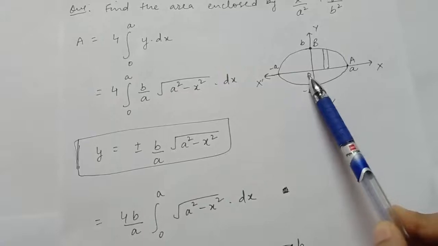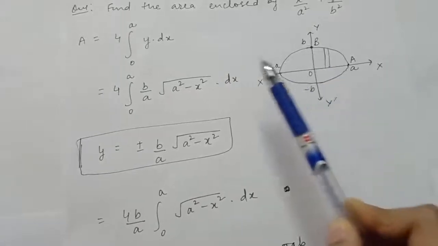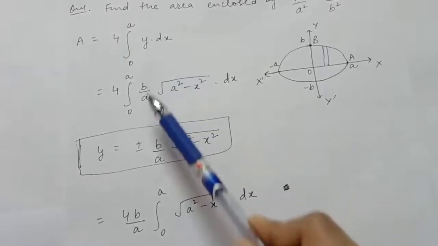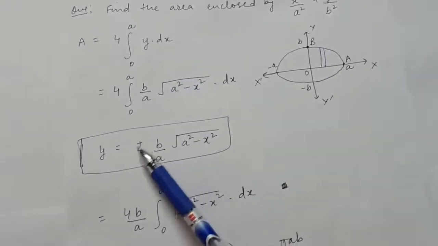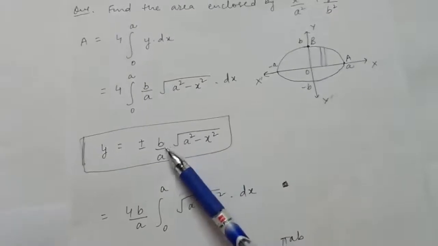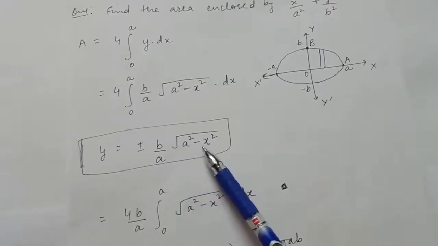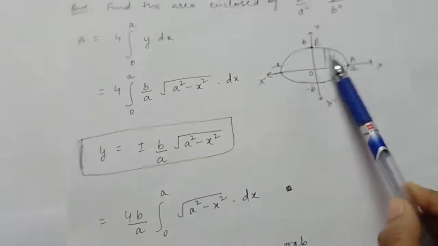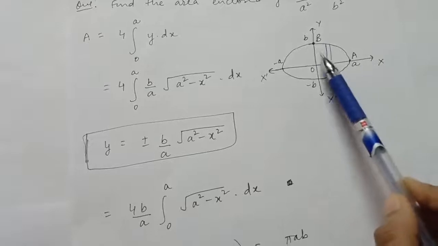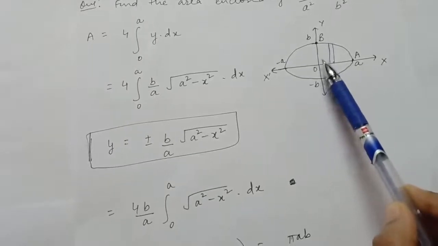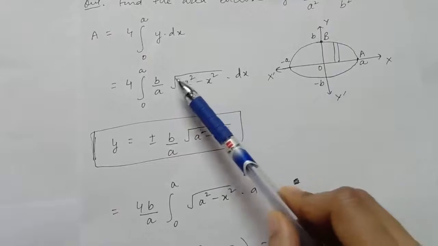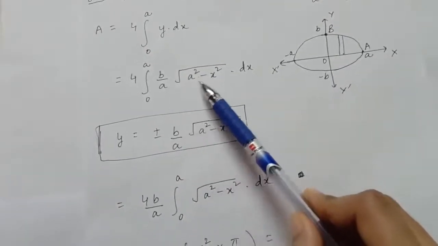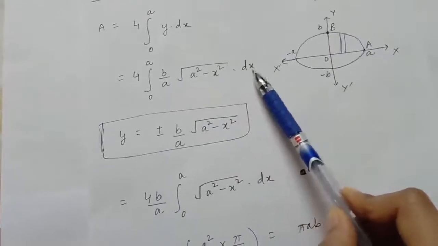Now if I take the limits from 0 to a, y into dx. Now y, calculated from the given equation, will be plus minus b upon a into root a square minus x square. But because we are calculating the area of this part, in this part you can see y is positive, so in place of y we will consider the positive one, b by a root a square minus x square into dx, right?